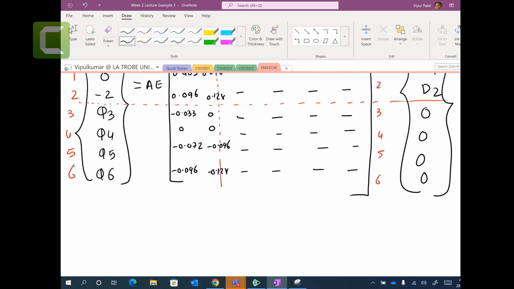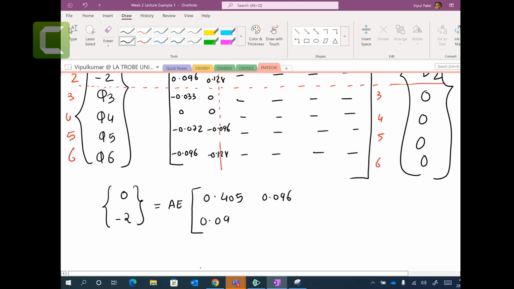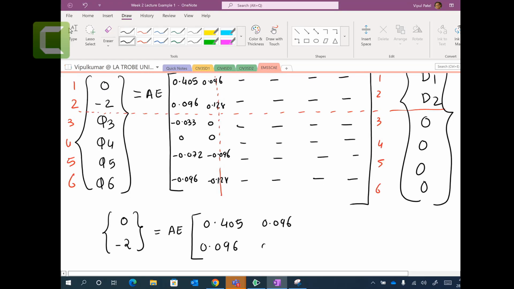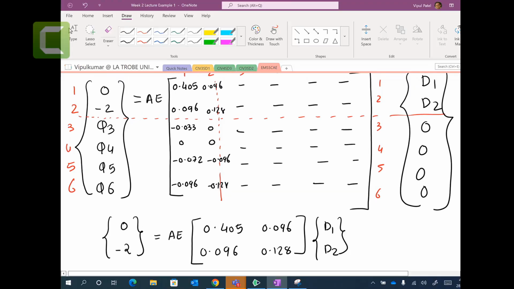Now to get D1 and D2, we take 0, minus 2 equal to AE times the 2 by 2 matrix 0.405, 0.096, 0.096, and 0.128, and then you have D1 and D2. Unmute yourself if you don't understand where it's coming from.